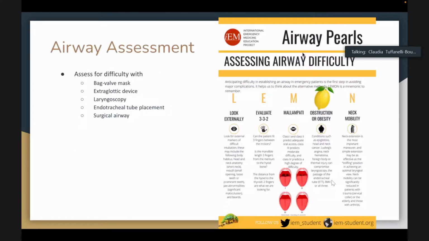So before you intubate a patient, you want to assess what the intubation is going to be like. Airway assessment is really key, just to know what you're dealing with and know how hard is this procedure going to be. What might I run into? This is a procedure where you want to have everything ready, and assessing the airway will help you determine what adjuncts you may need.